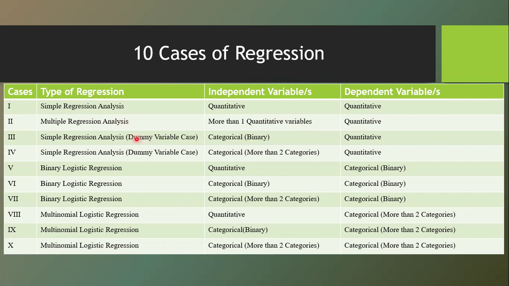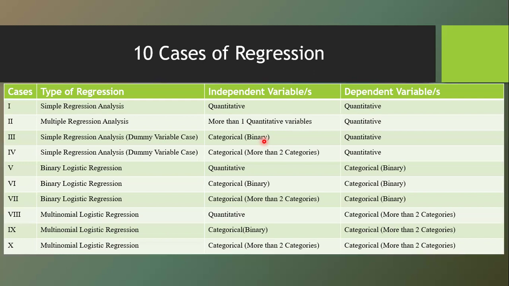In the third case, the situation slightly changes. It is a simple regression analysis where you include a dummy variable. Your independent variable might be binary, like if we would like to know the impact of gender on some dependent variable. Gender is basically a binary variable, where we can indicate male equal to 1 and female equal to 0.